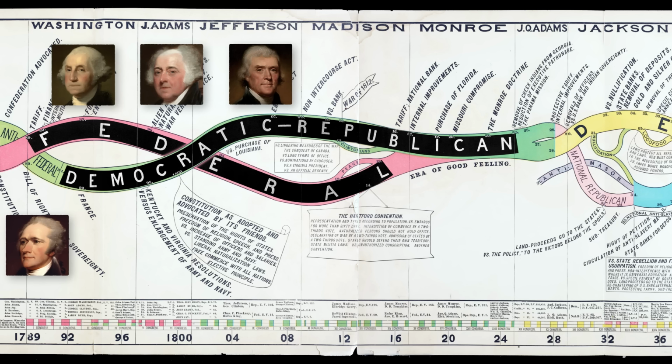Although keep in mind that at this point, the general public was limited to white males only. Whereas the Federalists wanted the U.S. to be more like Britain, just without a king, the Democratic Republicans wanted the U.S. to be more like France, which had just experienced the French Revolution.